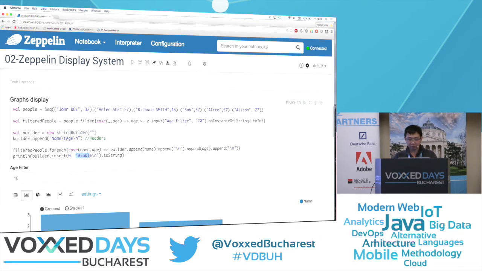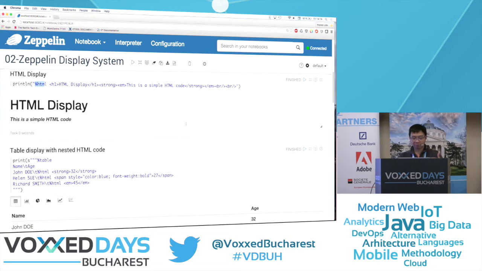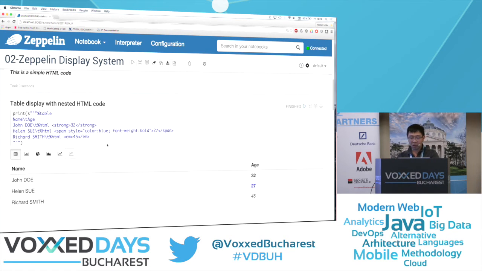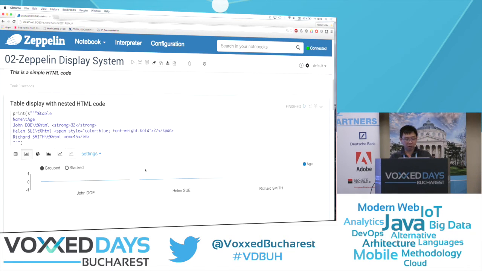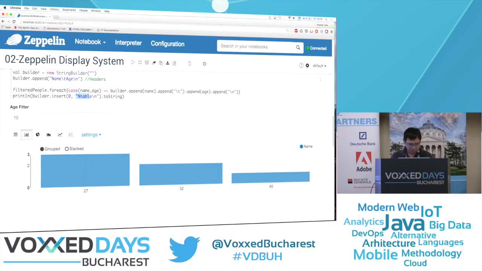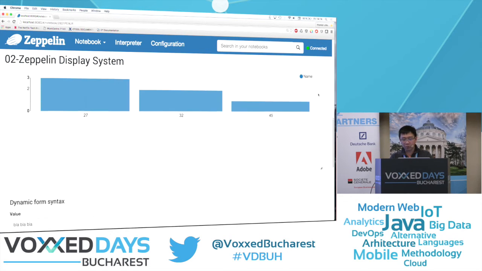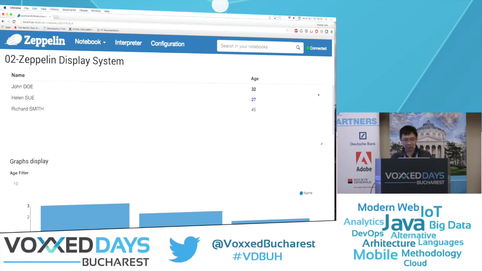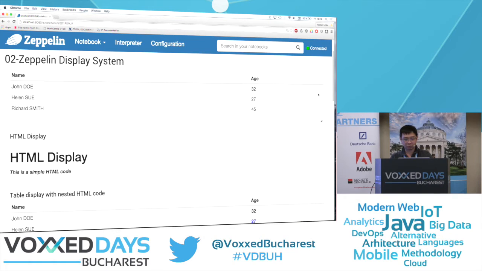View mode. Here I have a very simple display, which is for developers because I have source code and I have the rendering. But if I want to show my boss my graph, for example, I can switch to report. Okay. In this case, my boss only sees the result.